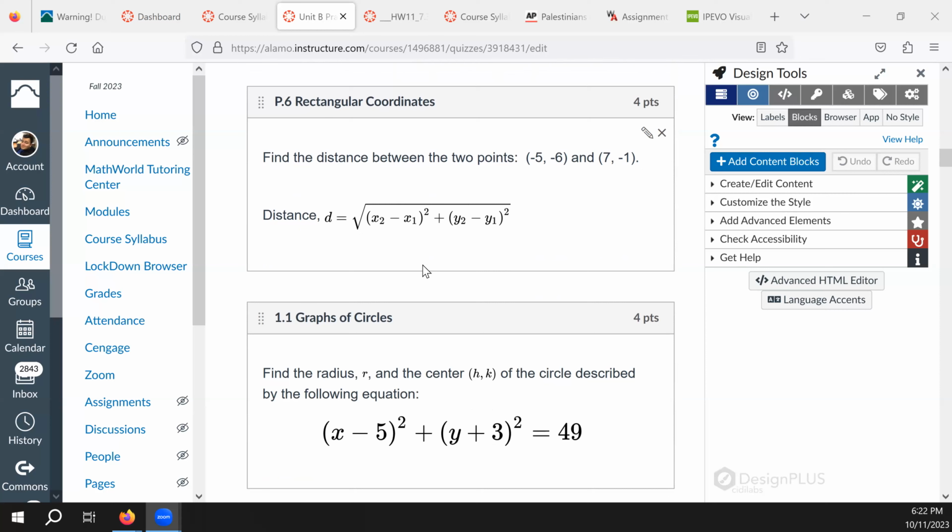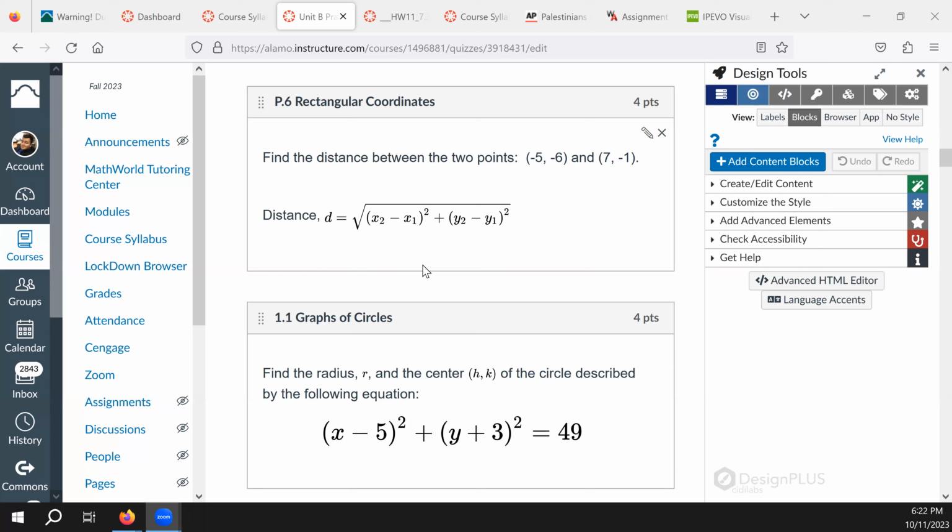Number 4 is the distance between 2 points. So find the distance between 2 points. I'm gonna go ahead and give them right here: -5, -6, and 7, -1. So the distance formula, we'll just call it D, is equal to the square root of x2 minus x1 squared plus y2 minus y1 squared.